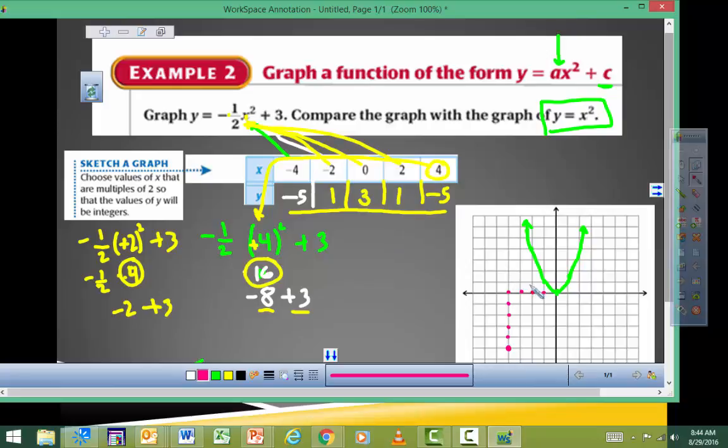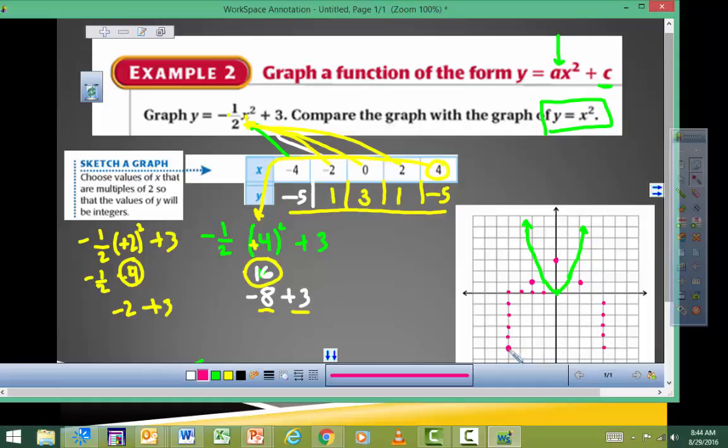And when we're at negative 2, we're at positive 1. And then when we're at 0, we're at positive 3. And then at positive 2, we're back to 1 again. And then at positive 4, we're at negative 5. 1, 2, 3, 4, 5.